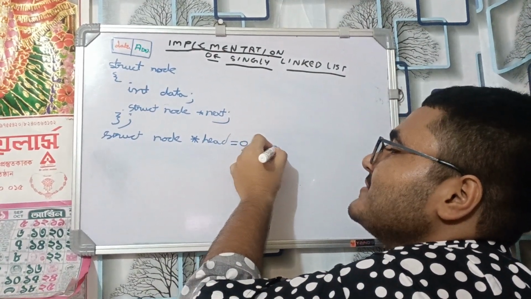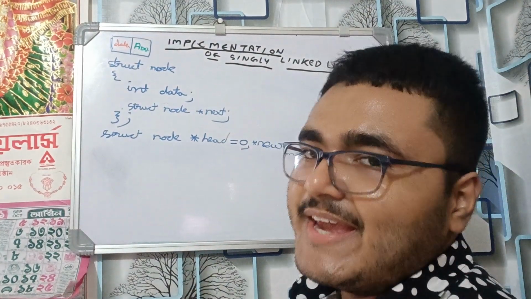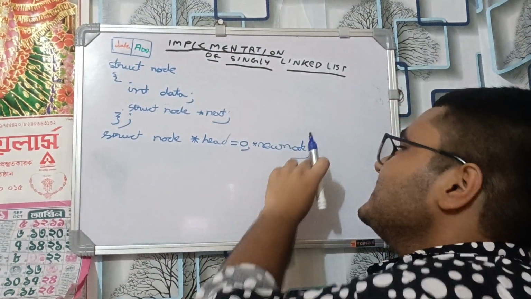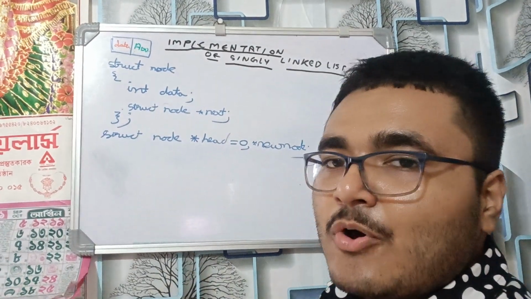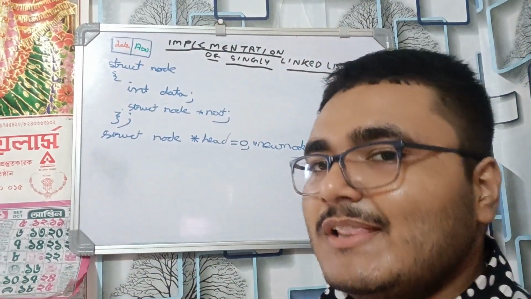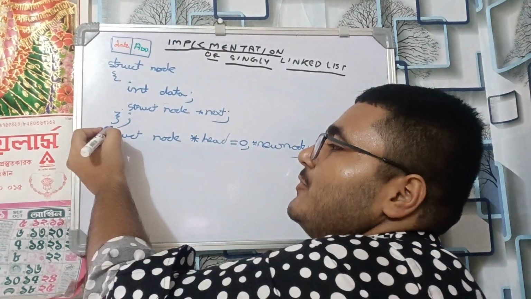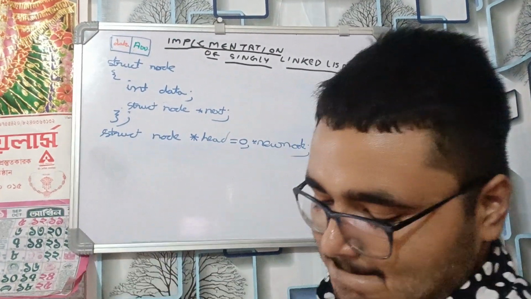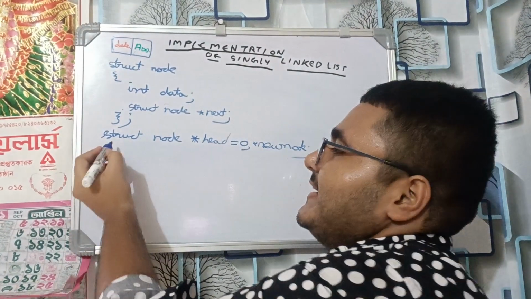As head is not having anything initially, I am keeping it as 0. You can also keep it as null, up to you. So say I am declaring a function called void create.